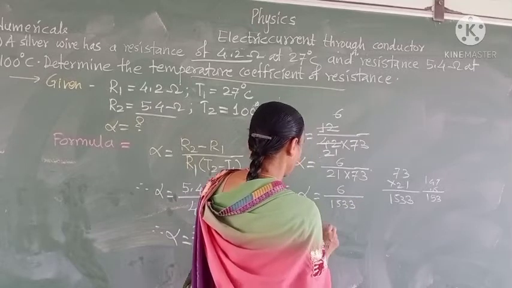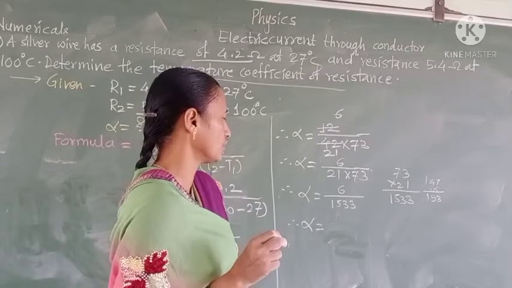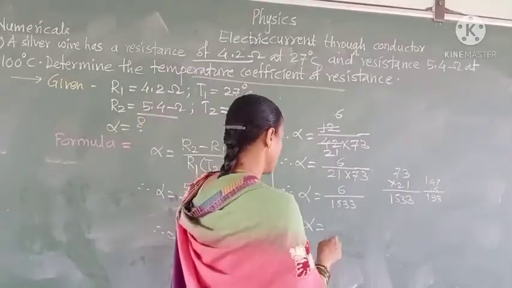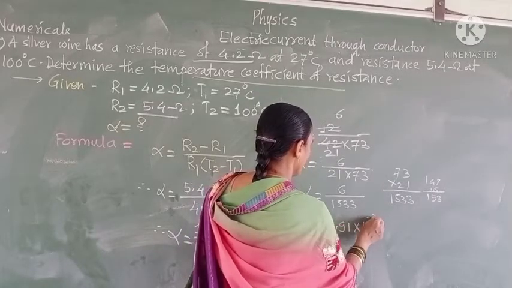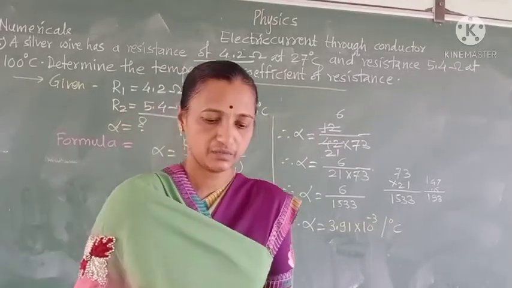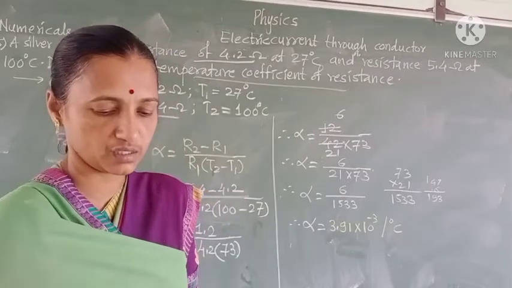Hence, this alpha is equal to 6 upon 1533. Then we get the value, that is 3.91 into 10 raised to minus 3 per degree centigrade. That is we get the value 3.91 into 10 raised to minus 3.